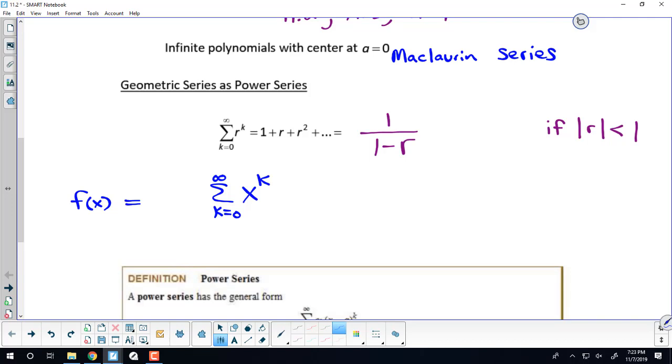Right, because generically speaking, our geometric series, we just said as long as that ratio's absolute value is less than 1, then it would converge to 1 over 1 minus r. So the sum of x to the power of k, which is 1 plus x plus x squared plus x cubed, etc., is actually 1 over 1 minus x if the absolute value of x is less than 1.